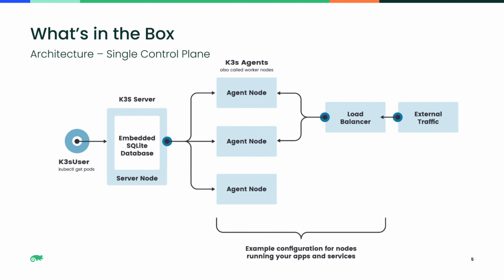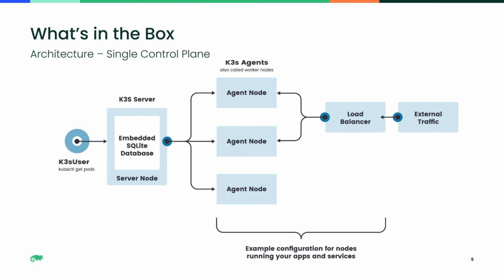So I stole a couple of the architecture slides directly from K3s.io, but I figured I could talk through them briefly. For a single node control plane, this is vaguely what an architecture looks like.